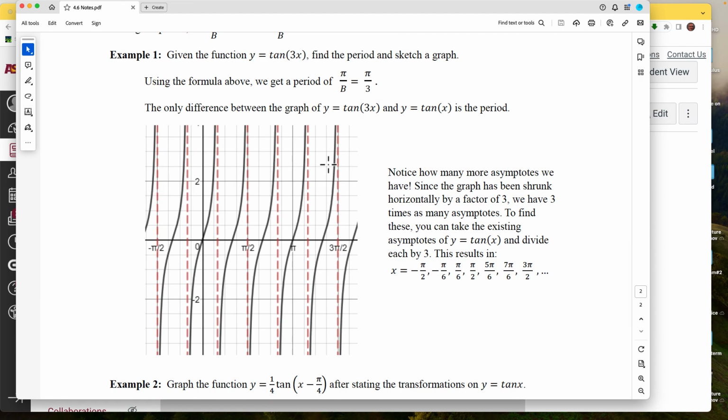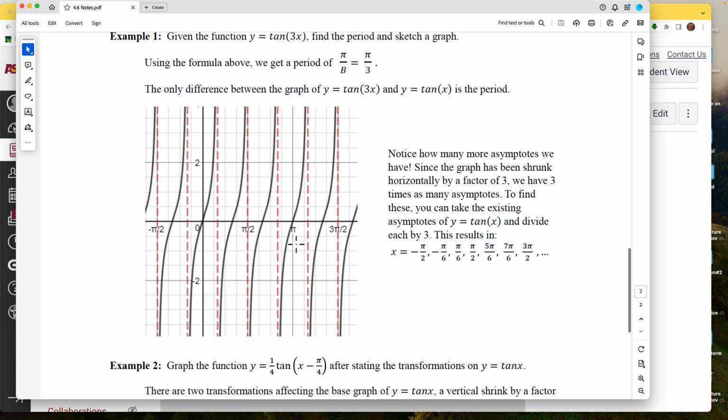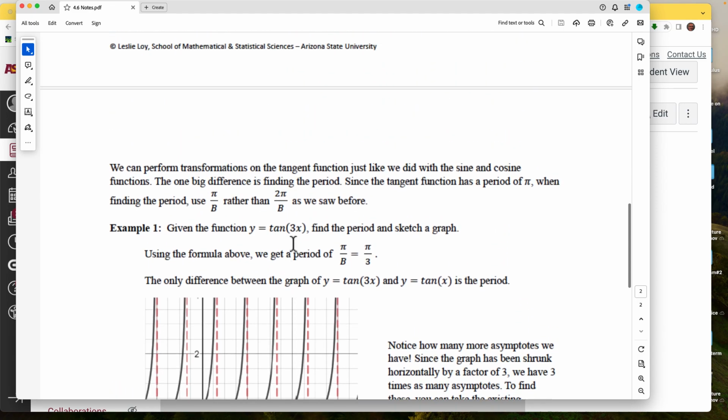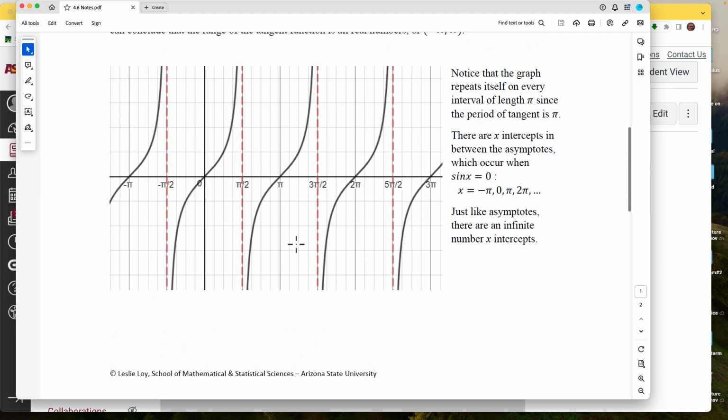Stuff like this. And again, the things we look at are where the asymptotes are. Remember from the original one, wherever these asymptotes are, that forms one period, right? So the standard period for tangent is pi. It repeats every pi, a distance of pi here.